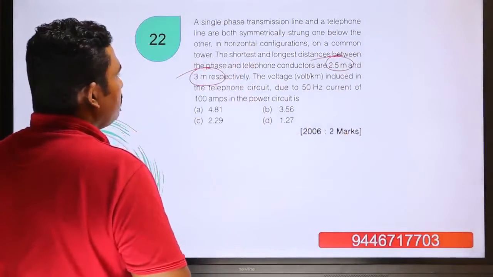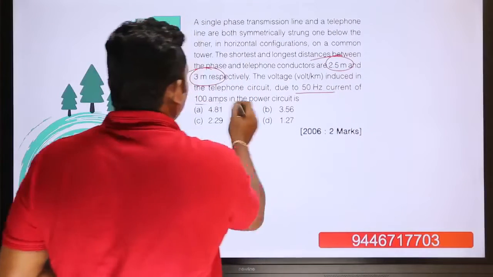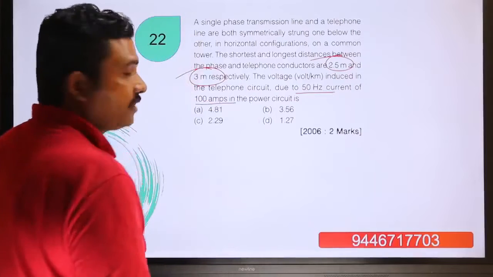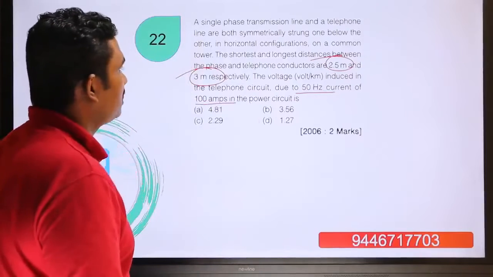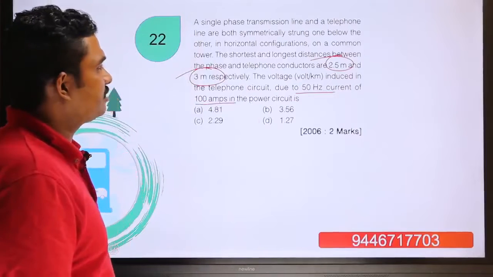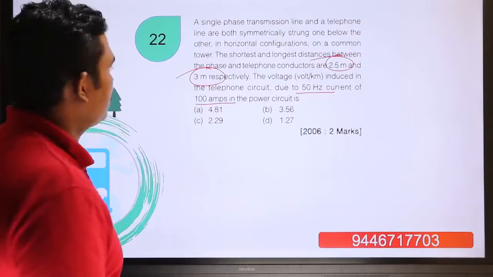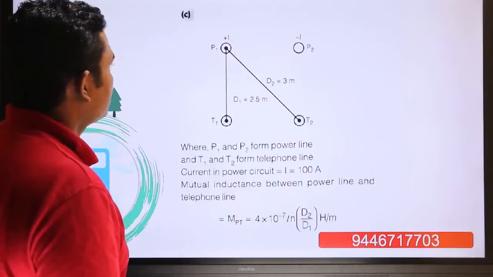What is the voltage induced in the telephone circuit due to a 50 Hertz current of 100 amperes in the power circuit? So we are going to find out the voltage induced in the telephone conductor, and that is the voltage that is going to create the radio interference in the telephone conductor. So here this is the configuration.